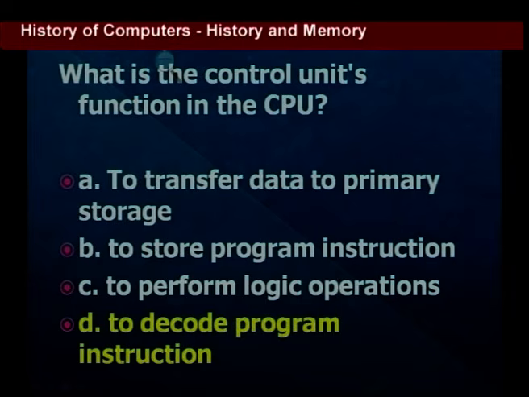What is the control unit's function in the CPU? The control unit decodes program instructions. Decoding means programs written in computer languages such as C, C++ and Java are decoded based on the instructions.